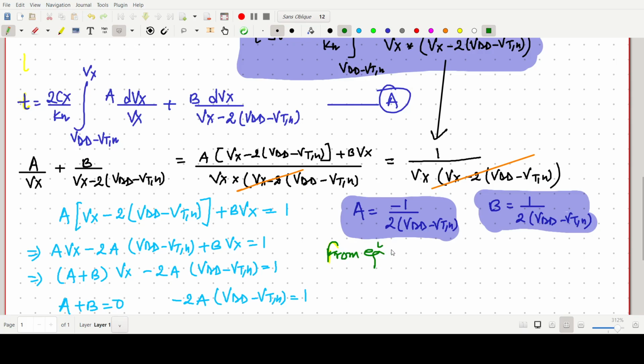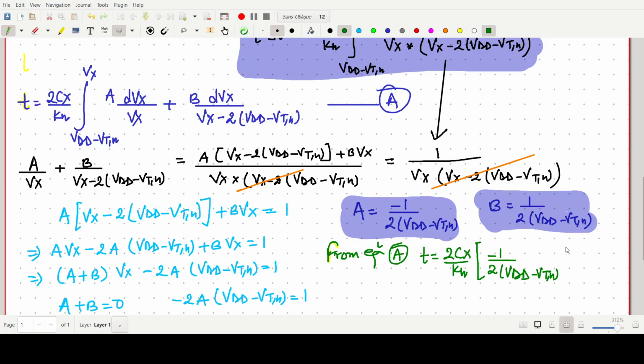From equation A, the t value can be written as twice Cx by Kn, and A value is there, so this one is constant, 2 (VDD minus Vtn).